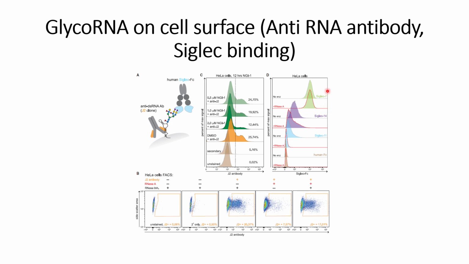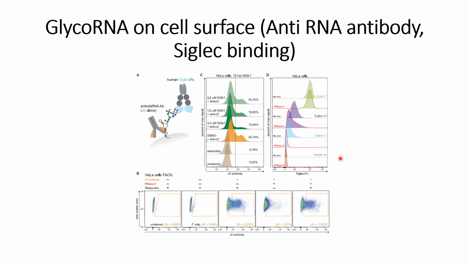When they did the experiment with Siglec 7, there is no change in the signals, whereas for Siglec 14 we can see the change: when they treat with RNase, the signal goes down. So this shows that the signal without any enzyme might also be contributed by GlycoRNA. And the same thing they observed for Siglec 11.